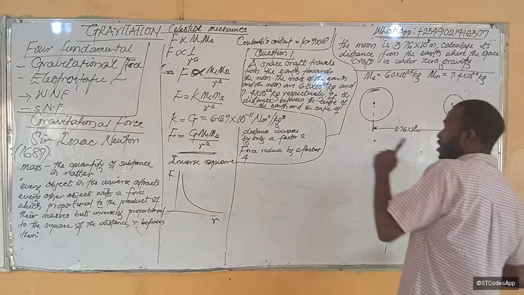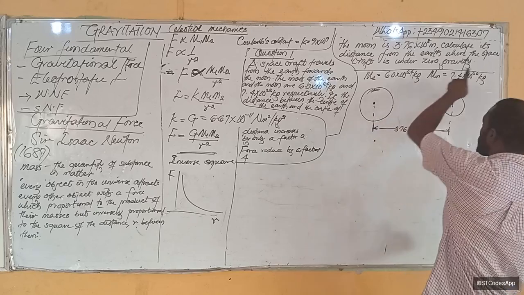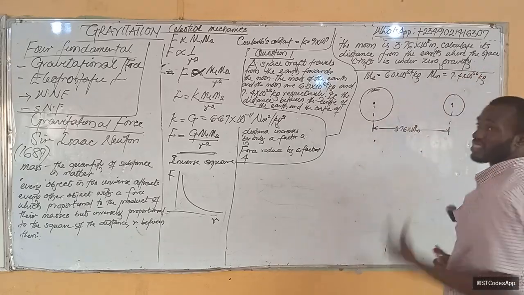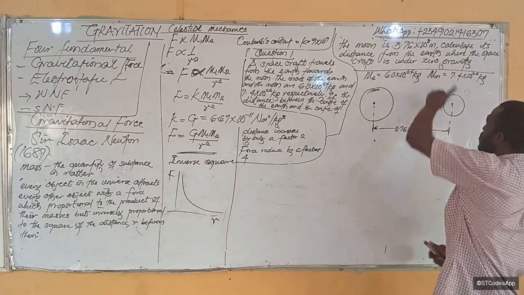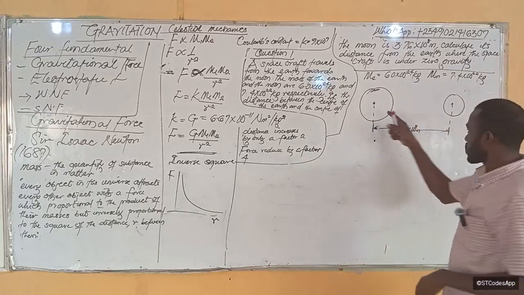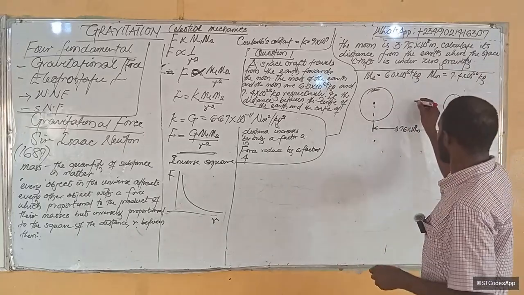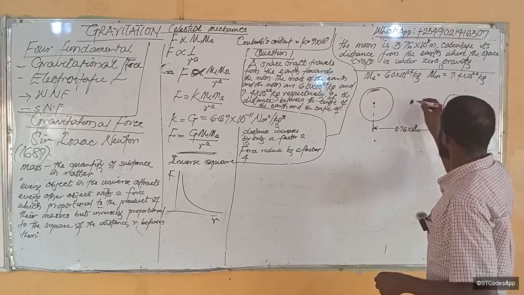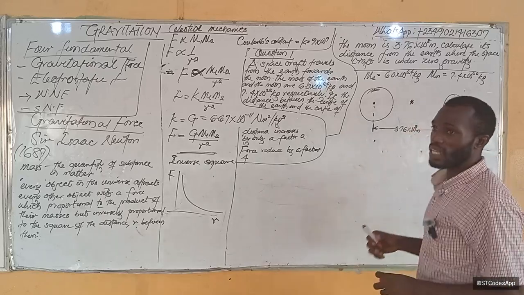Calculate the distance of the spacecraft from the Earth, where the spacecraft will be under zero gravity. So at which point will this spacecraft be under zero gravity?